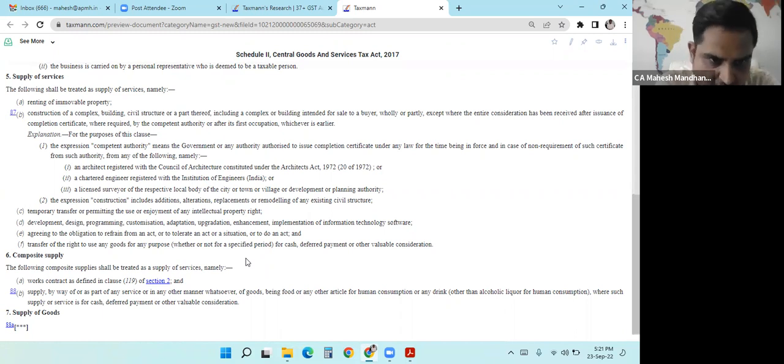So states were losing a lot of sales tax on this particular activity. So it was treated as a supply of goods.